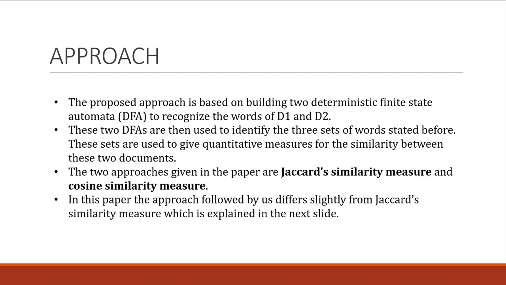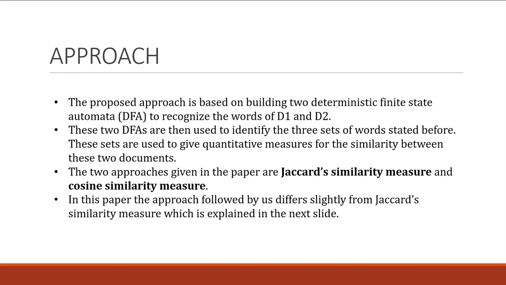All right, so our approach. Our approach is based on building two deterministic finite state automata to recognize the words of D1 and D2. These two DFAs are then used to identify the three sets of words stated before.